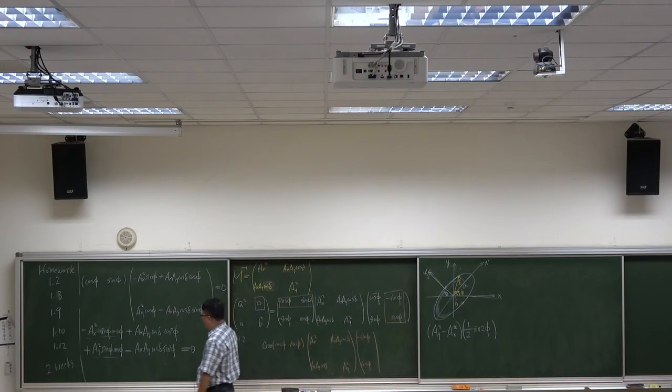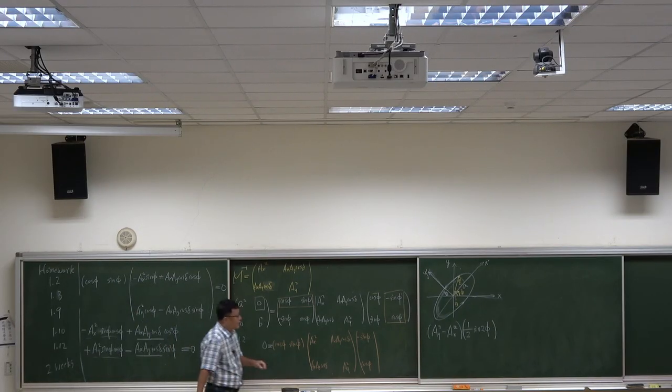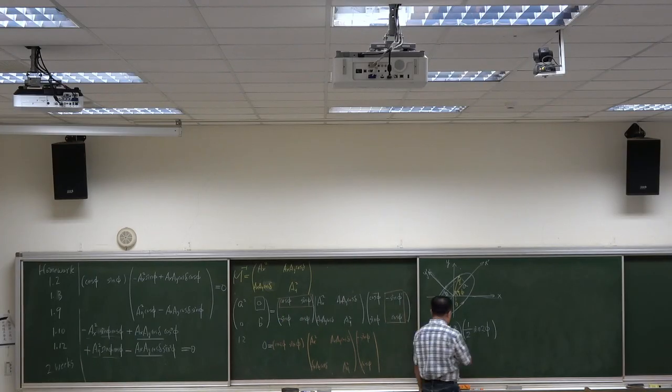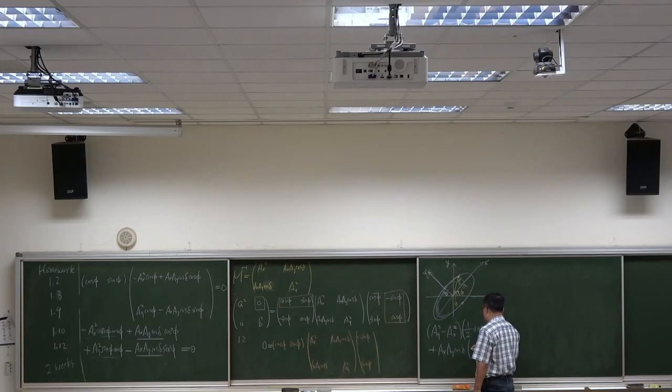And plus ax ay cosine delta times cosine squared minus sine squared, which is nothing but cosine 2 phi.